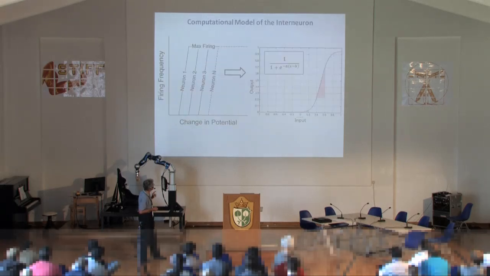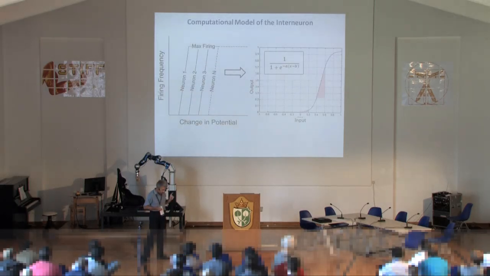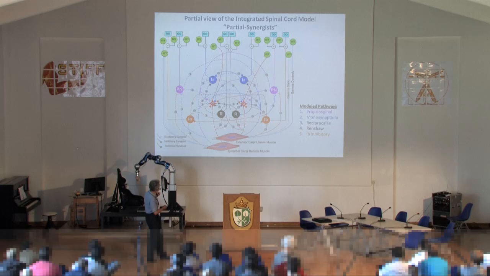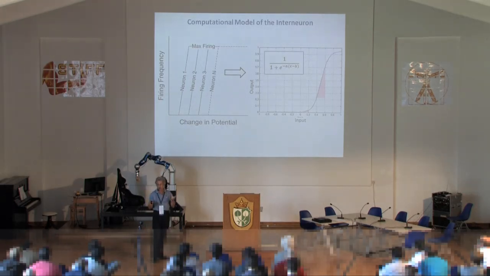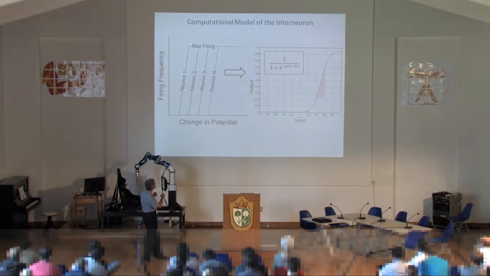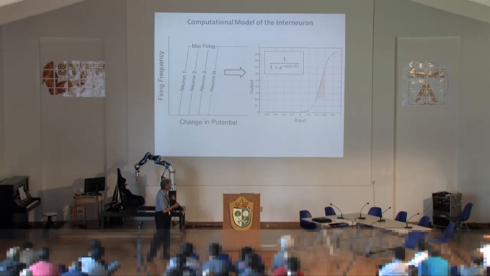One last thing about the property of all of those points is that where they come together at these interneurons, the interneurons have basically that sort of input-output function, because each of them is really a population of cells. Even if the individual cells have a linear firing rate versus their driving potential, and then they saturate, a population of these all starting at different potentials would have an approximate input-output relationship that's sigmoidal.